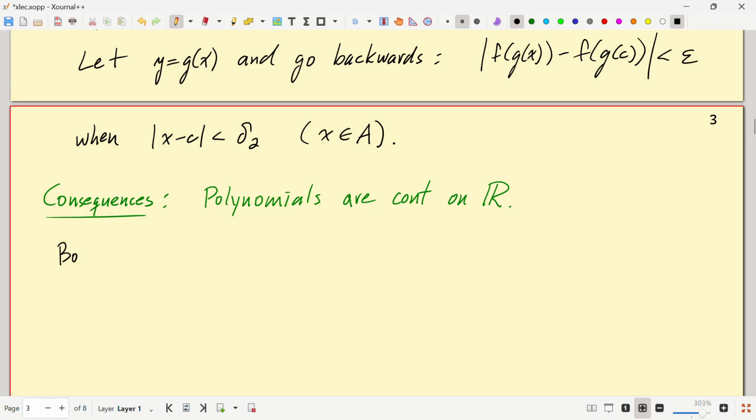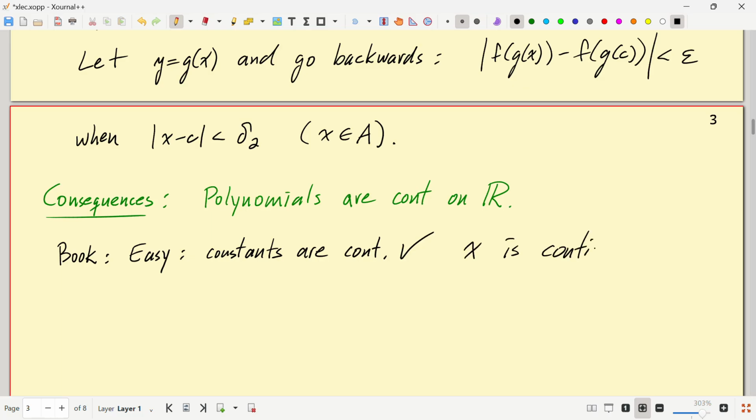If I was a book, an easy thing to see: constants are continuous. Duh. Check. X is continuous. Then you can use the epsilon to be the delta in the definition of continuous.